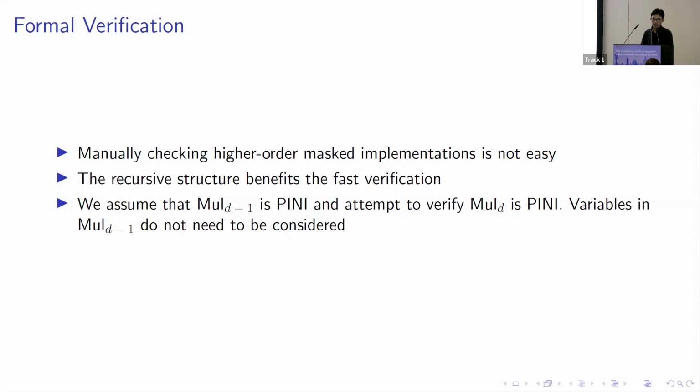We assume that the multiplication with D minus 1 shares is PINI, and just attempt to verify that multiplication with index D is PINI. Variables in the multiplication with D minus 1 shares make up a big part of all variables, but they do not need to be considered.